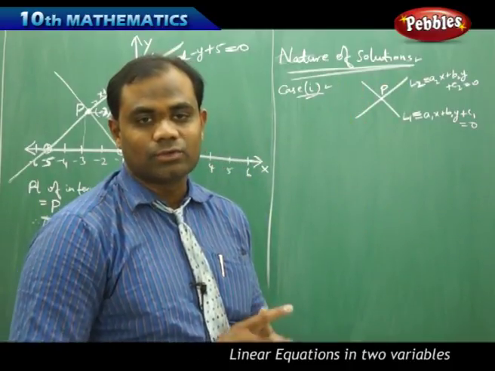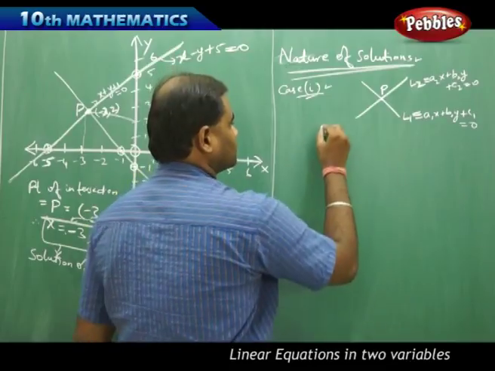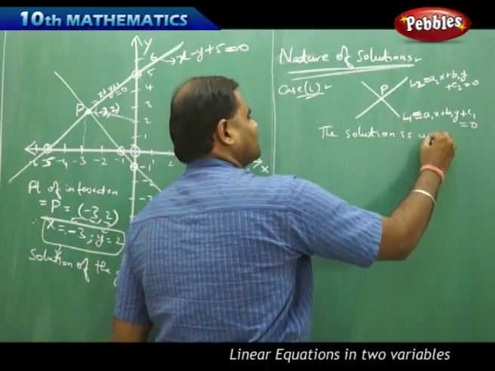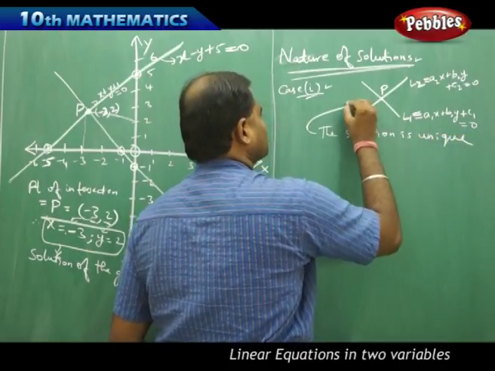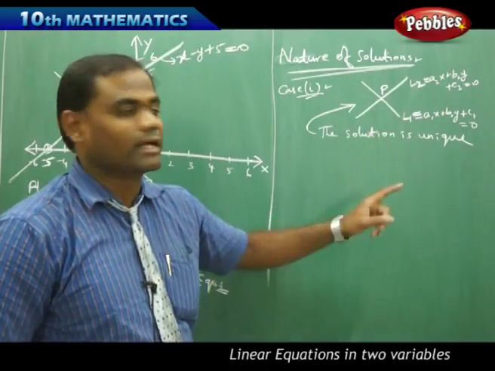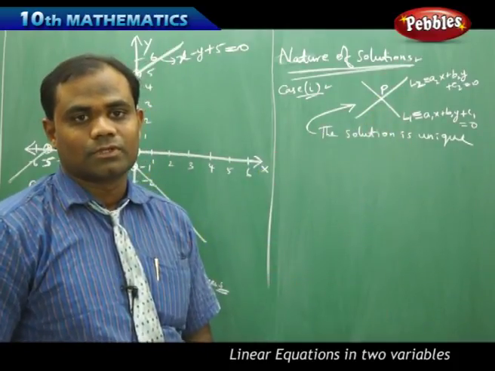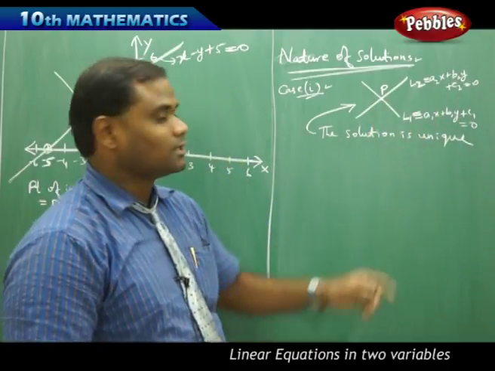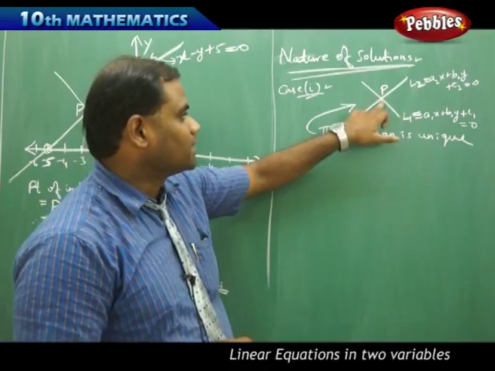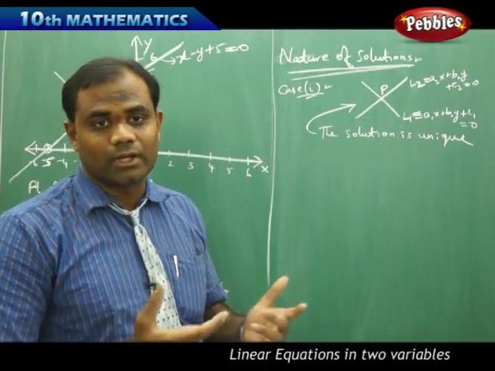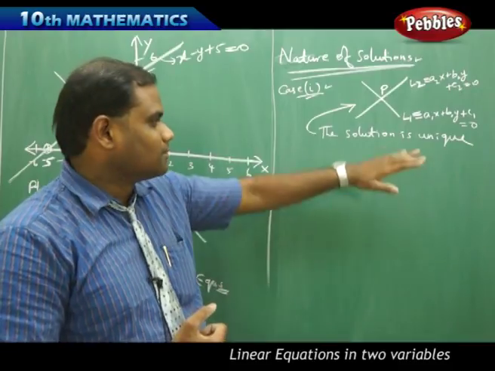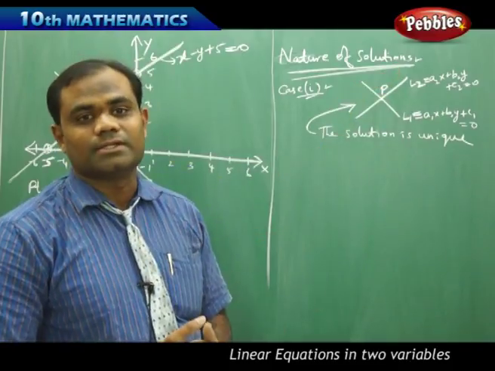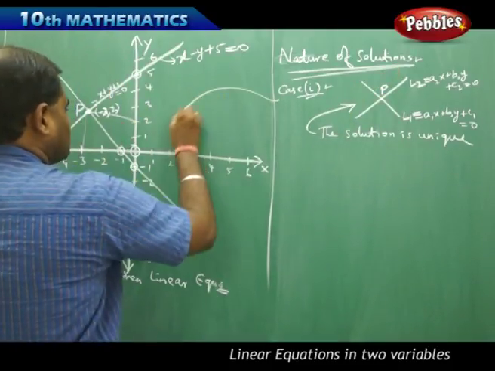That implies if two lines intersect at one point, then the solution is unique in case of this kind of trend of the two lines L1 and L2. So if I have two linear equations in two variables x and y, then we say that the solution is unique if the two lines intersect only at one point. Unique is one and only one solution. That is, we get only one value of x and one value of y in case of lines intersecting. This is the example of case 1.